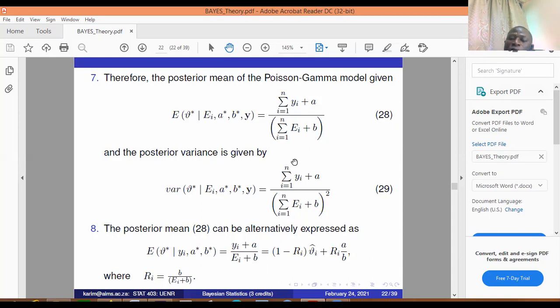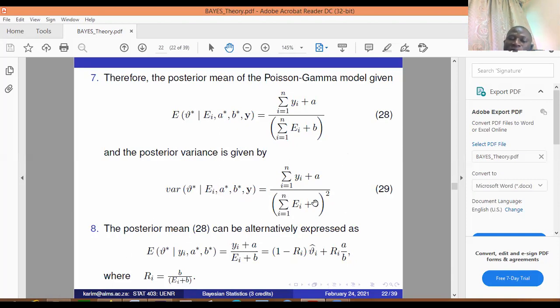So once I know the expected number of cases and I know the value for alpha and the beta, then I should be able to find the corresponding posterior variance. So I will need to supply my beta and my alpha, and then supply the data and the expected cases in order to find my posterior mean for the relative risk or the risk for each of the regions and the associated variance of the risk for each of the regions.